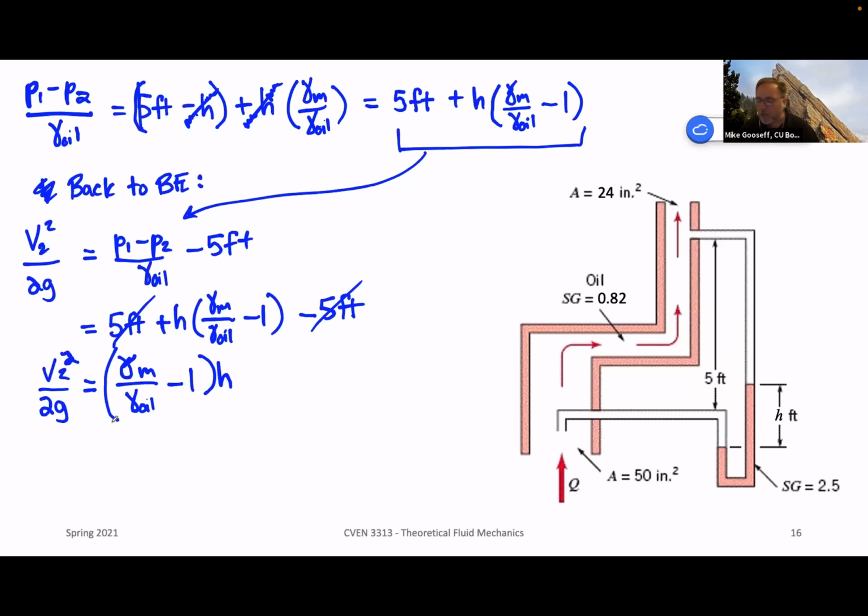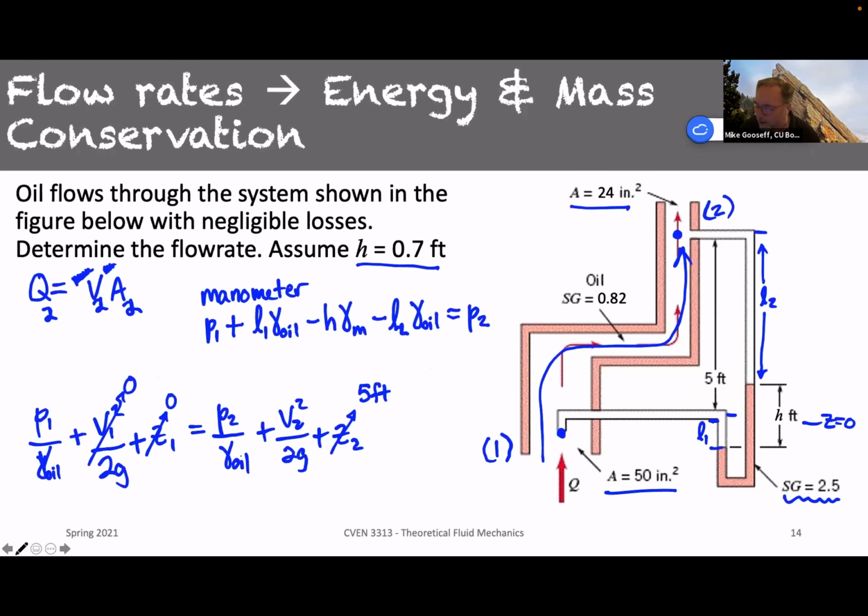Okay? And we know everything in here except V2. Now, recall that we said in the problem statement, h is equal to 0.7 meters. Let me just make sure I'm right about that. Yeah. Oh, sorry, feet. Oh, we're working in feet. My bad.